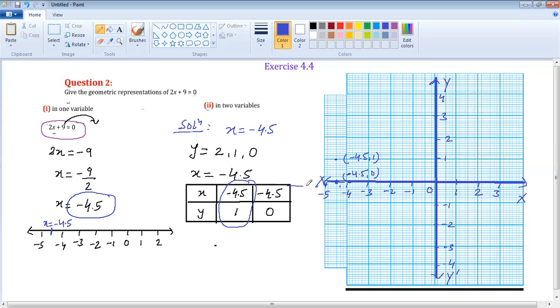Let's take another point. So we are assuming that here y is minus 2. At that time x is again minus 4.5. So we will get our point this side. Now you have to join all these points using your scale.